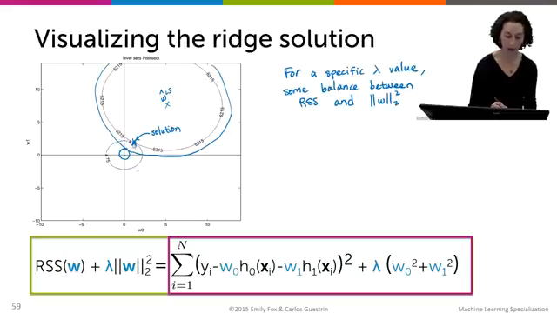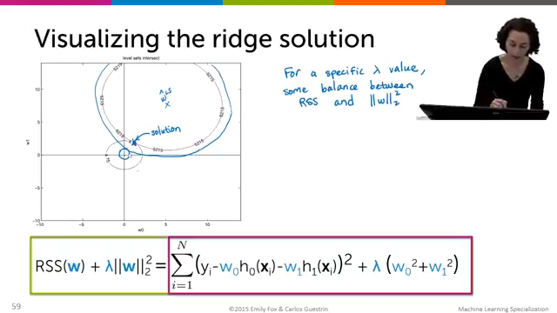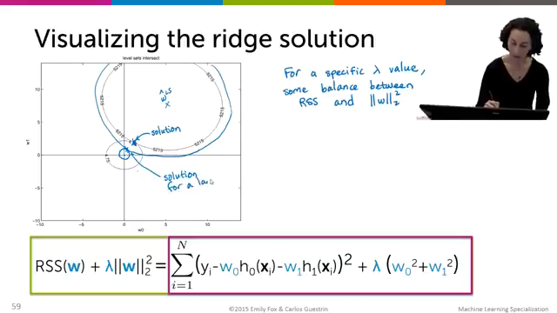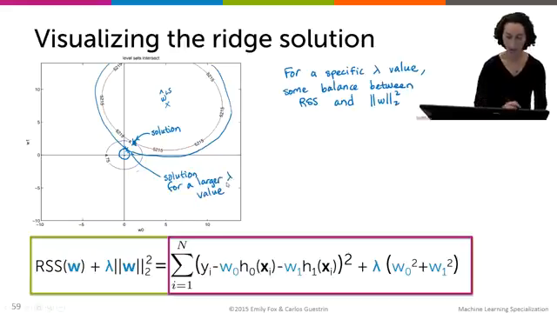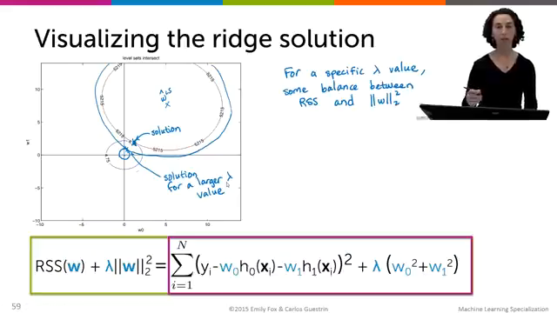So that's why this is the optimal trade-off for this lambda. Then, like I drew here, if I chose a larger lambda, I would get a solution that preferred a smaller 2 norm and a larger residual sum of squares. So this would be the solution for a larger lambda value. Okay, so this is just a little visualization of what our ridge regression solution looks like.